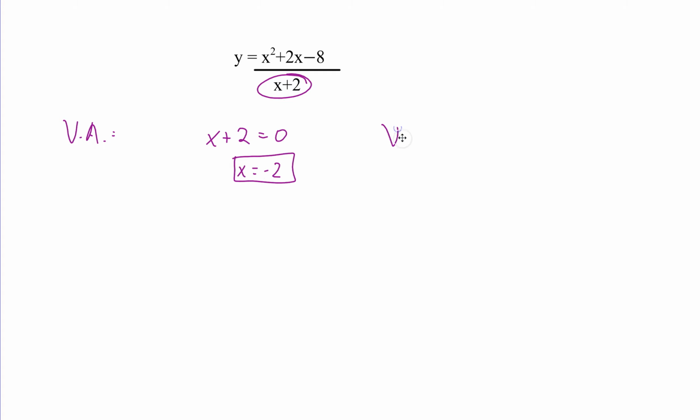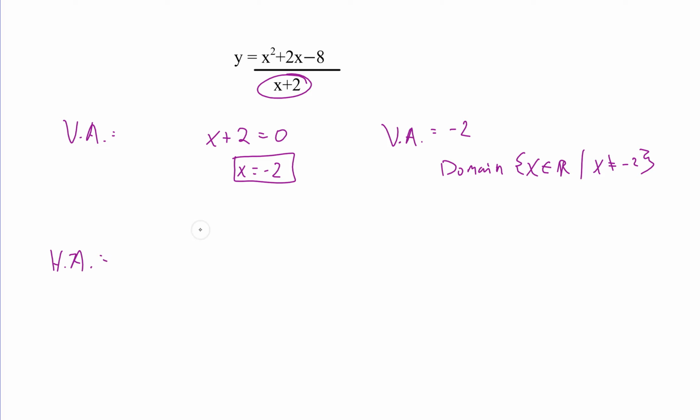That means our vertical asymptote is equal to minus 2, because if we replace x with minus 2 in this equation, then we're dividing by 0, which is non-defined. So the domain would be x element of real numbers, x cannot equal minus 2.